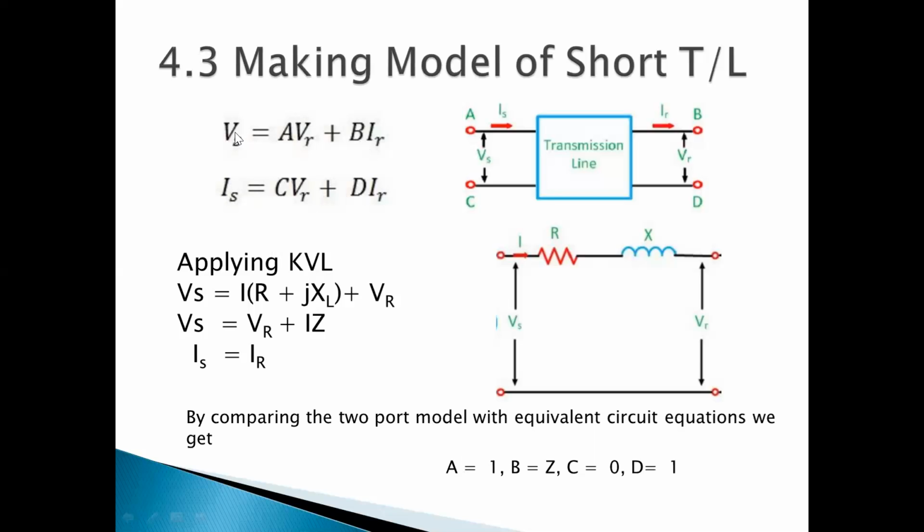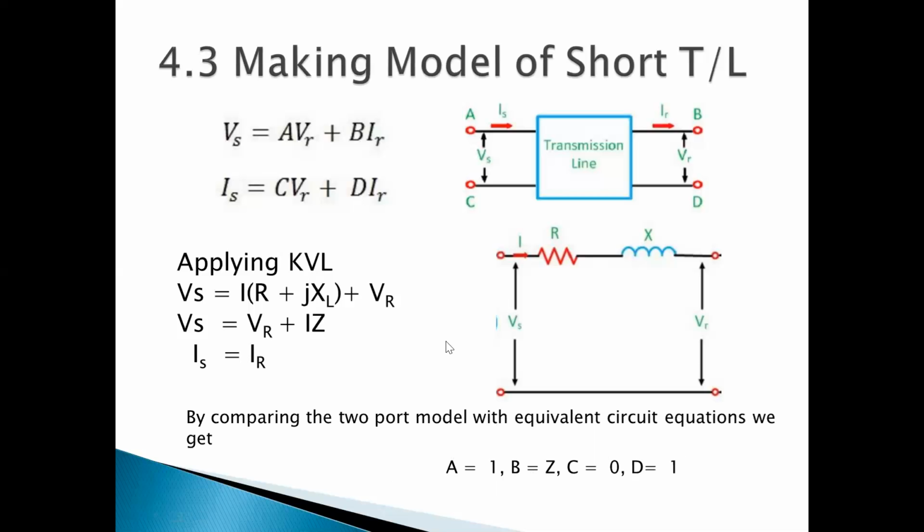Or if I have sending end voltage and sending end current, I can get receiving end voltage and receiving end current by putting the values of constants. For every short transmission line, the values of the constants are the same: A is equal to 1, B is equal to Z, C is equal to 0, D is equal to 1. These are the constants of a short transmission line.